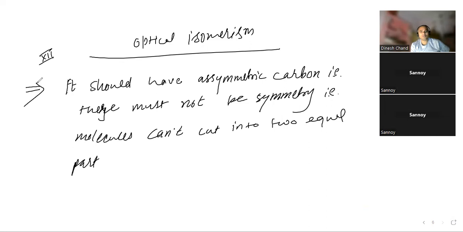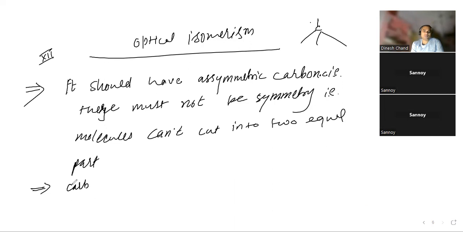Asymmetric carbon means the carbon compound; wherever carbon is there, it should have four valency. Can atomic carbon exist? No. Atoms are the unstable form. It will exist in the molecular form.